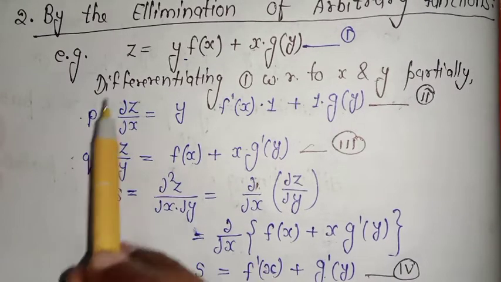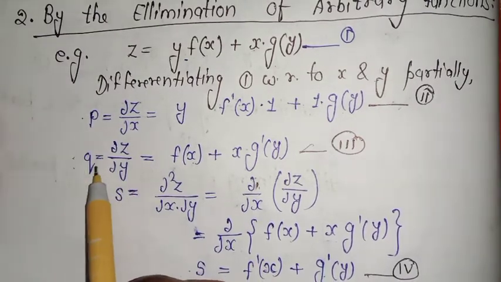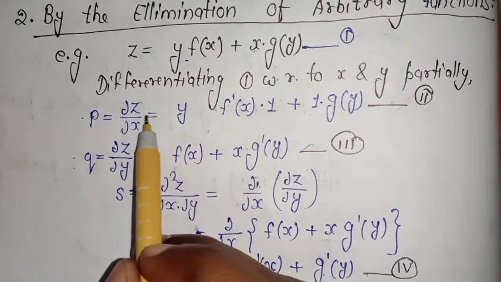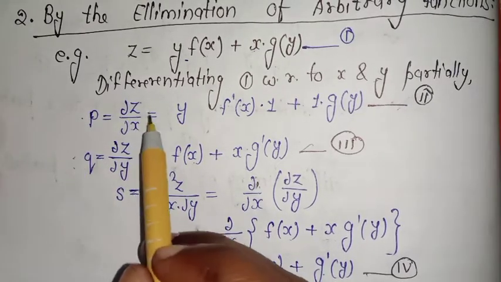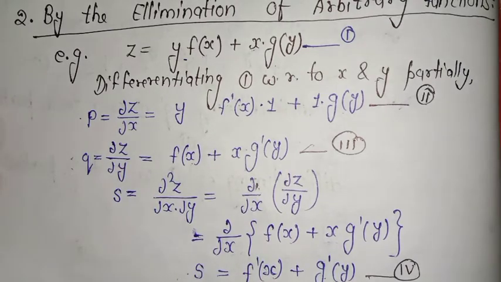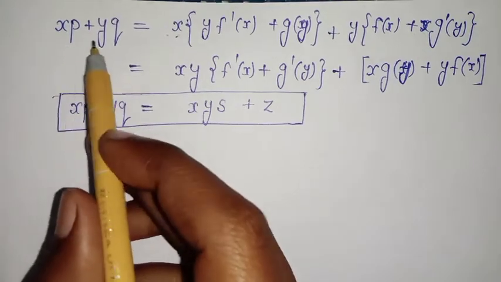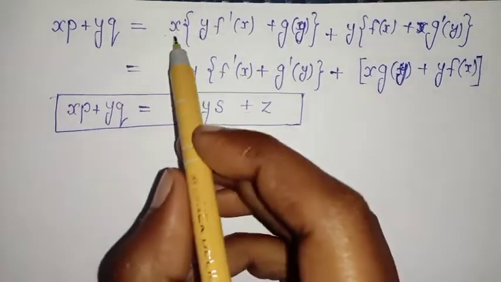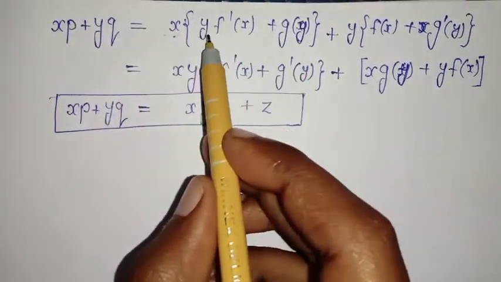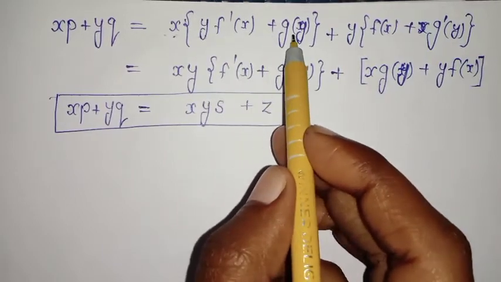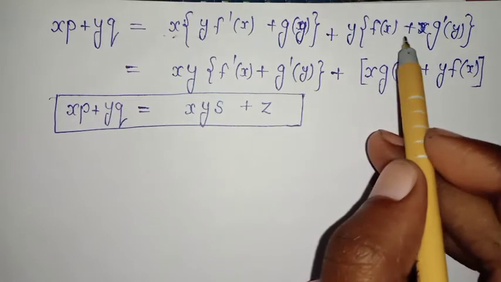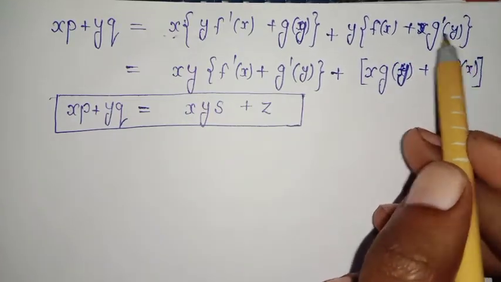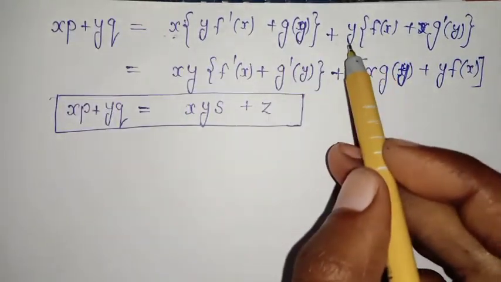Now if we look at our values of p and q, and multiply them with x and y, then we can get some solutions. So I am going to do that. Let's see what happens. If we do xp plus yq, this becomes x times the value of p, y into f'(x) plus g(y), plus y times the value of q, f(x) plus x into g'(y). This is written with the help of equations 2 and 3.